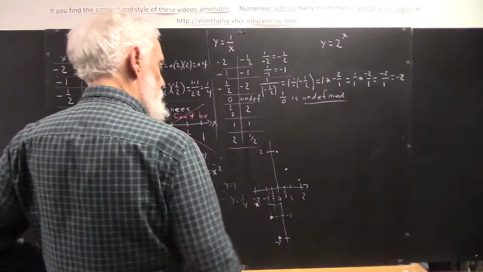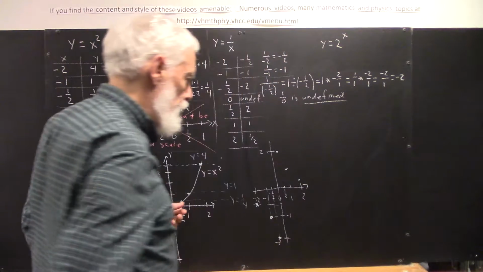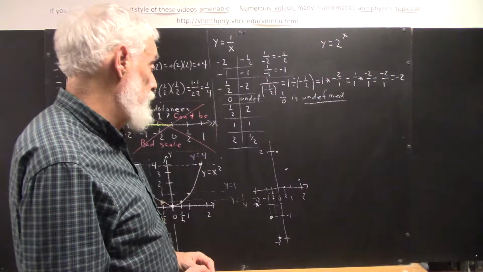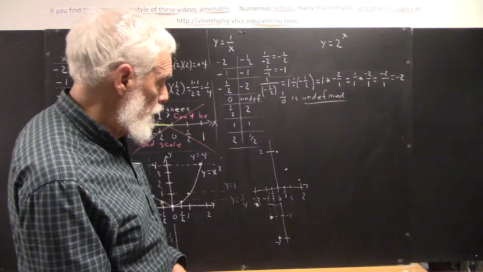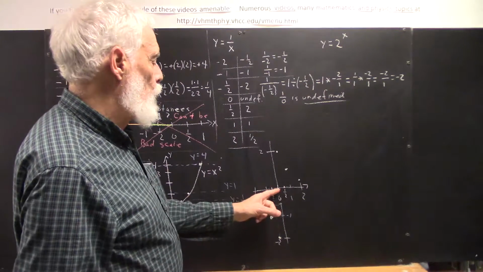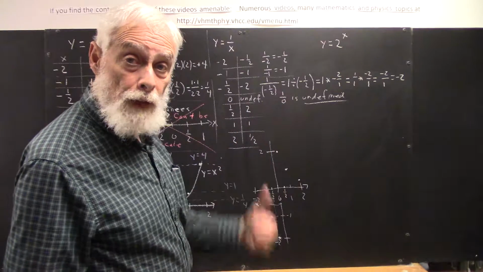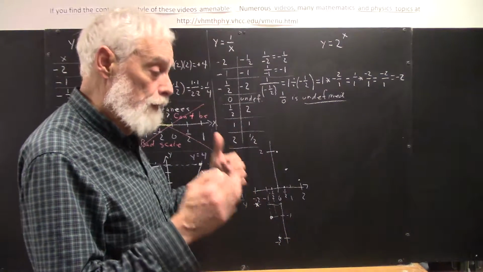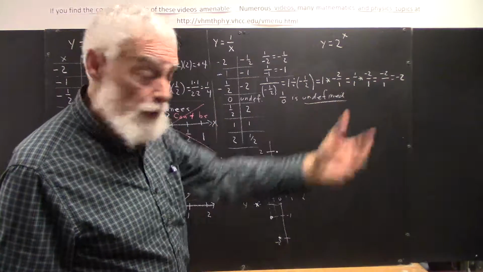Okay, now we do get into a little conundrum when we try to attach these points, when we try to draw a curve through these points. And I'm going to let you puzzle over that and think about it a little bit and see why that might be difficult. If we went to 1/10 here, how many times does 1/10 go into 1? 1 divided by 1/10 means you count to 1 by 1/10. 1/10, 2/10, up to 10. 1/10 goes into 1 10 times.